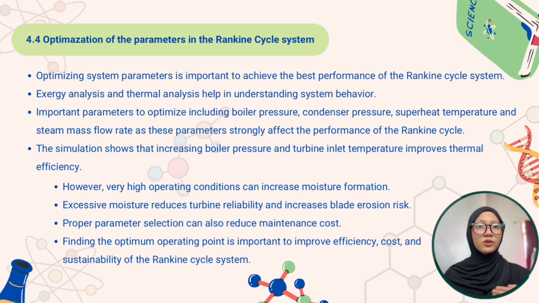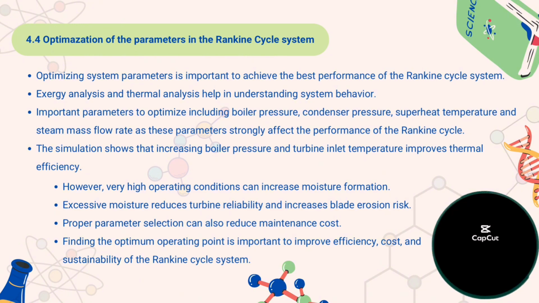This simulation demonstrates that while increasing boiler pressure and turbine inlet temperature strongly improve the thermal efficiency, going too high creates a trade-off by increasing moisture formation. Because excessive moisture hurts reliability and drives up maintenance costs, finding that precise optimum operating point is the key to balancing high efficiency, low cost, and also long-term sustainability.